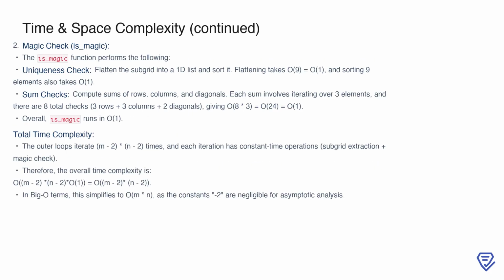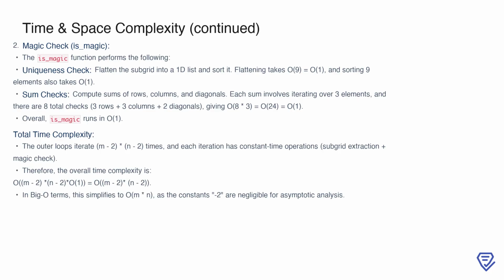Now, focusing on the operations within each iteration, the is_magic function is key to verifying if the extracted subgrid is a magic square. This function includes a uniqueness check, where the 3x3 matrix is flattened into a 1D list and sorted. Flattening involves accessing 9 elements, which takes O(1), and sorting such a small number of elements also runs in O(1). The function then performs some checks for rows, columns, and diagonals.